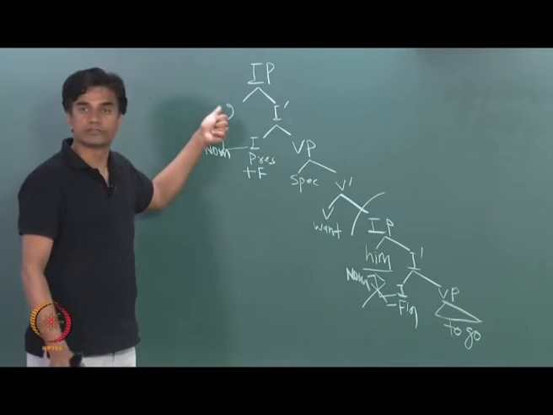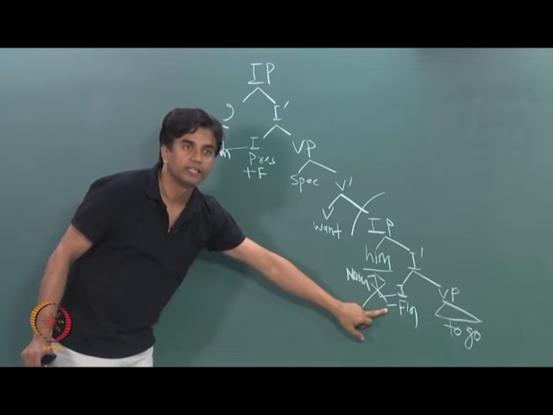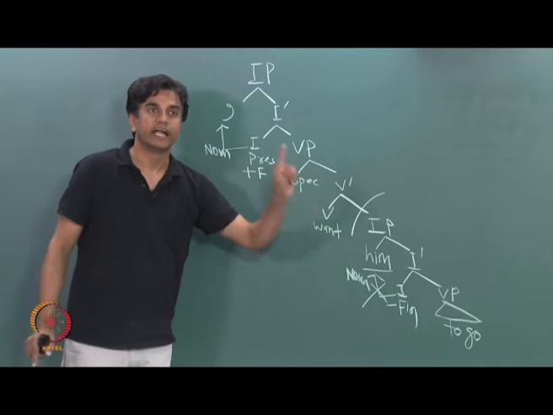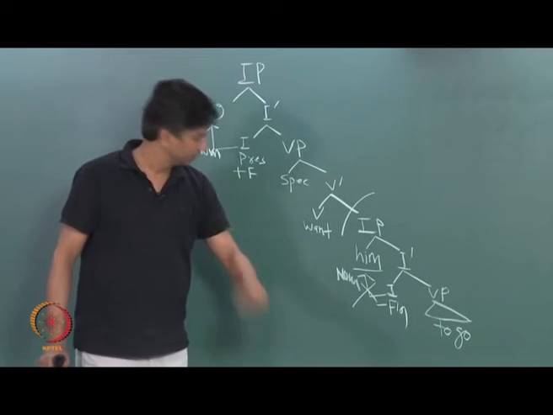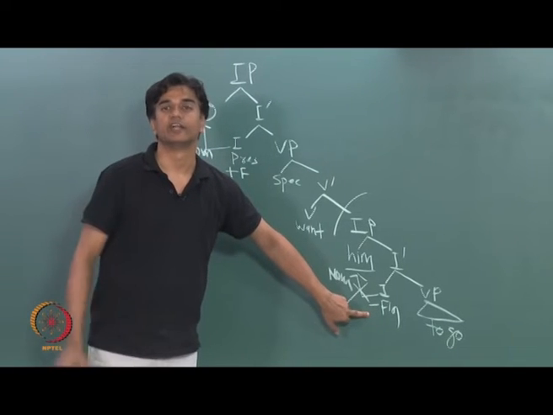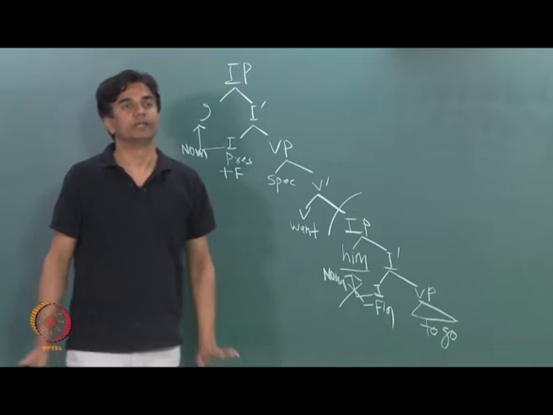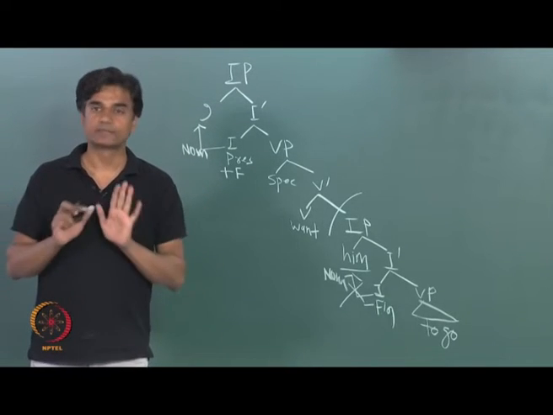This I, lower I, being non-finite, having no tense, is the limiting factor for this I not assigning nominative case to the subject NP of the lower clause. Is this much clear? We explained the problem also.